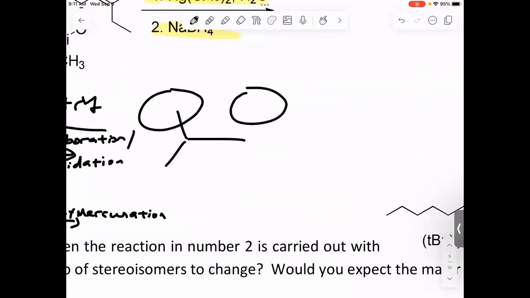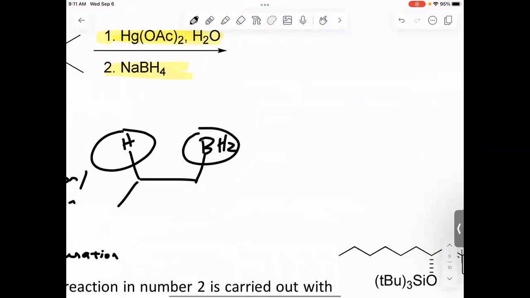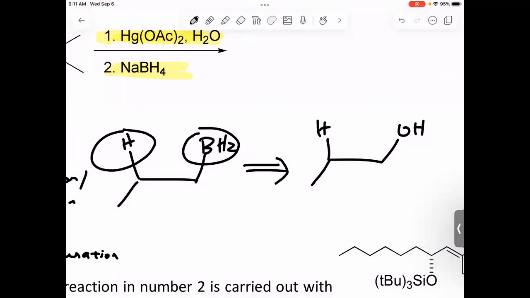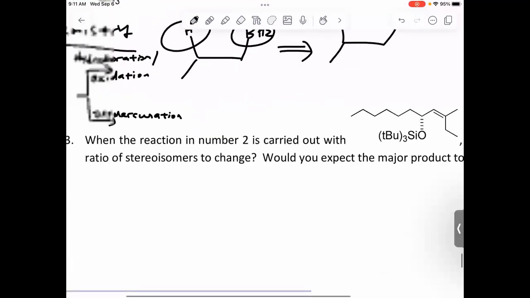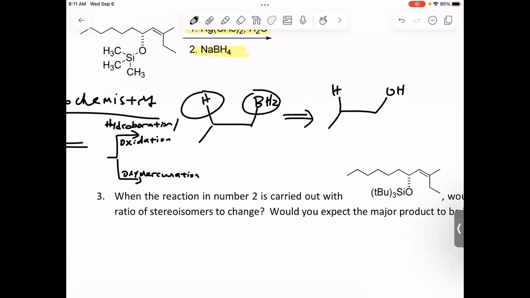My bad. So that's an H here, and then the BH2 is here. And then in the oxidation step, that BH2 gets converted into an alcohol. And then the other reaction, and I know this is a review, but it's okay, we need it.